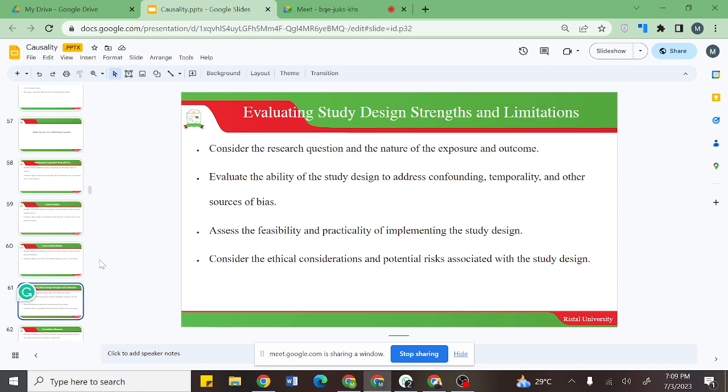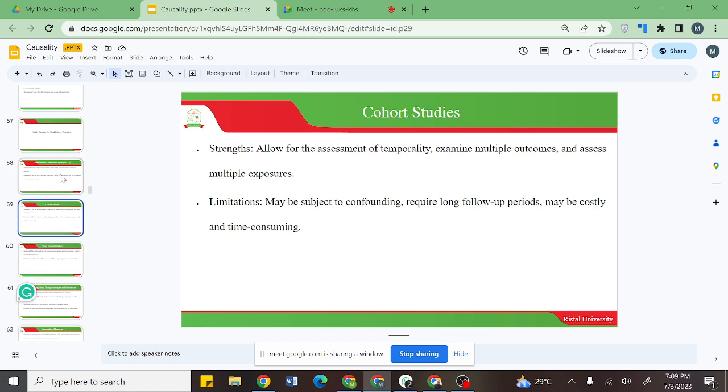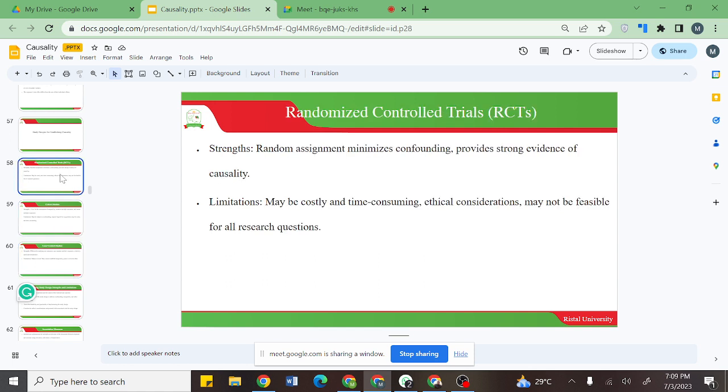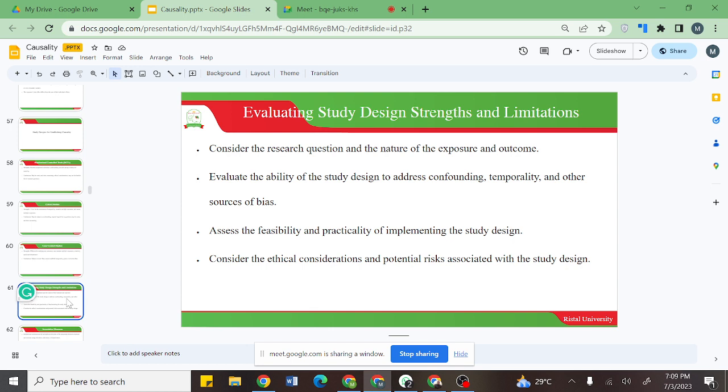In our presentations, you have seen that we have pointed out some limitations here, and also limitations there. So it means that in your decision to choose which design to use, you need to look at the limitations that you have, the nature of the research question, whether you can really be able to do it.